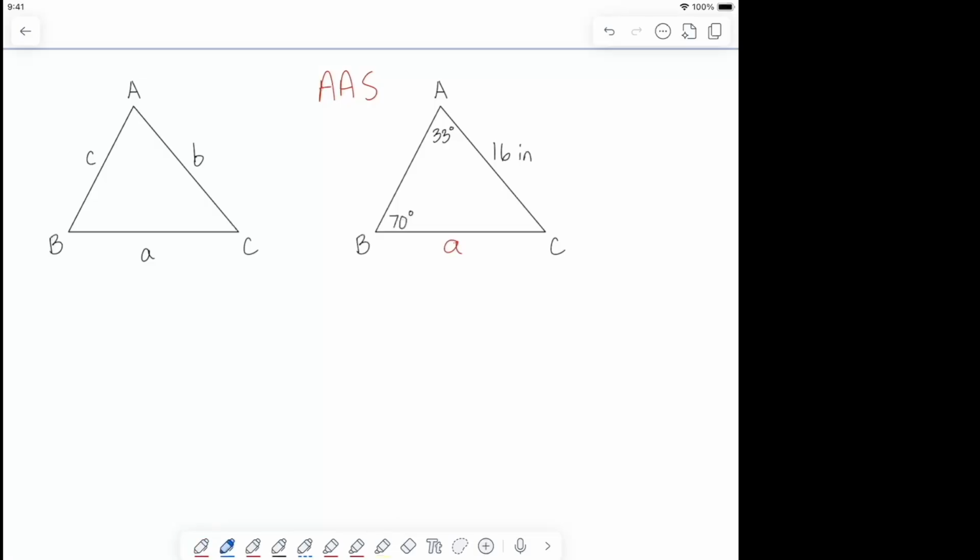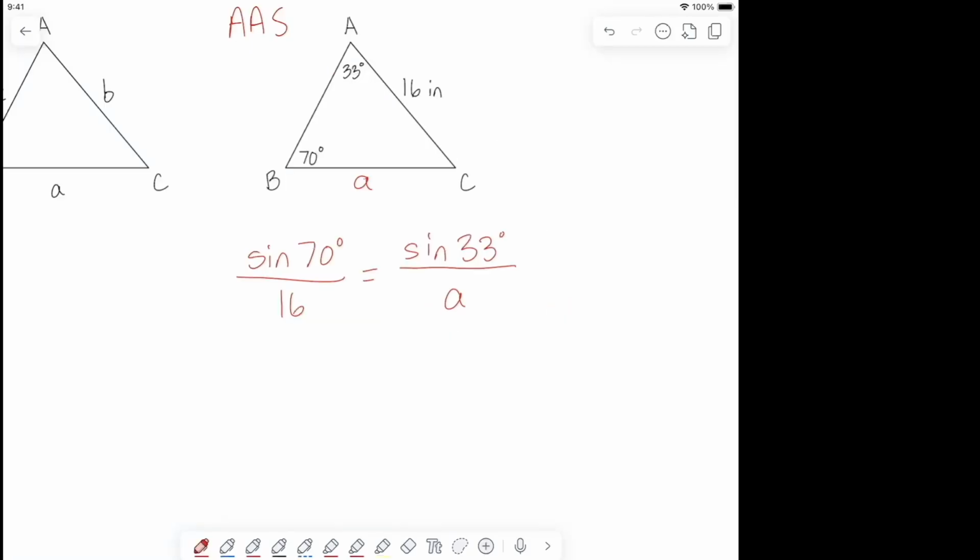So what we're going to do is take this angle side pair that we already know. We know angle B and we know side length B, and that's going to let me set up a ratio. The sine of angle B, which is 70 degrees, divided by the 16 inches that it corresponds with, side length B, equals the sine of 33 degrees divided by side length A. Now, to solve for A, we can cross multiply.